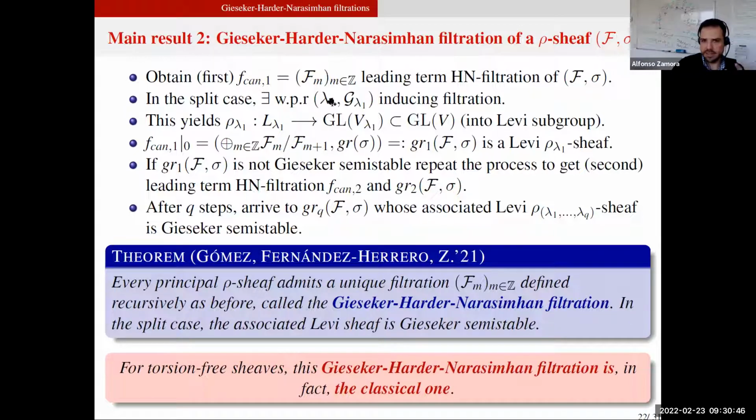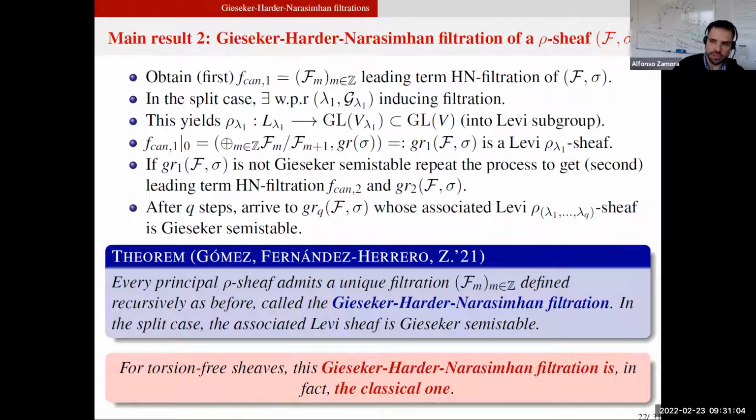This provides some weighted parabolic reduction, and then some Levi subgroup, and provides a graded object. Take the graded. If the graded is semi-stable, we stop. But if it is unstable, then we can take a second leading term filtration for this graded object.